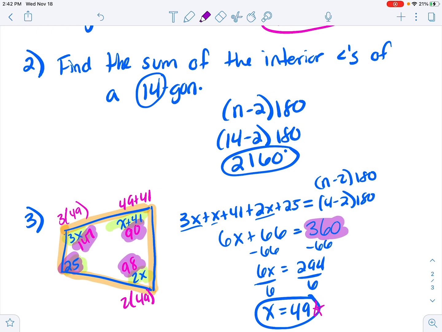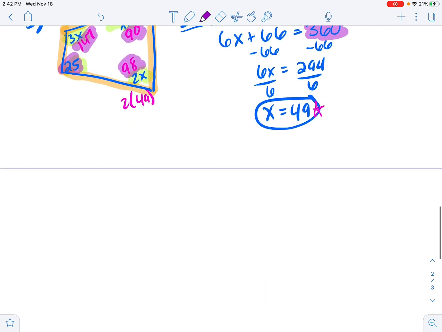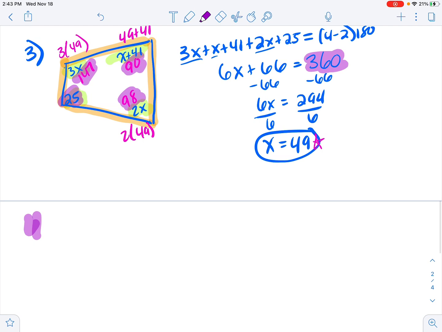Okay, now you will see irregular figures that are also exterior angles. So if we give you this figure right here, that is concave. Let's try that again. 1, 2, 3, 4, 6, 7, 8.